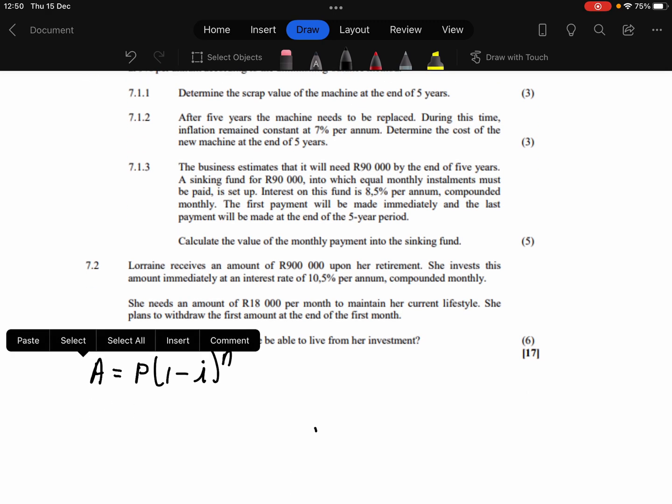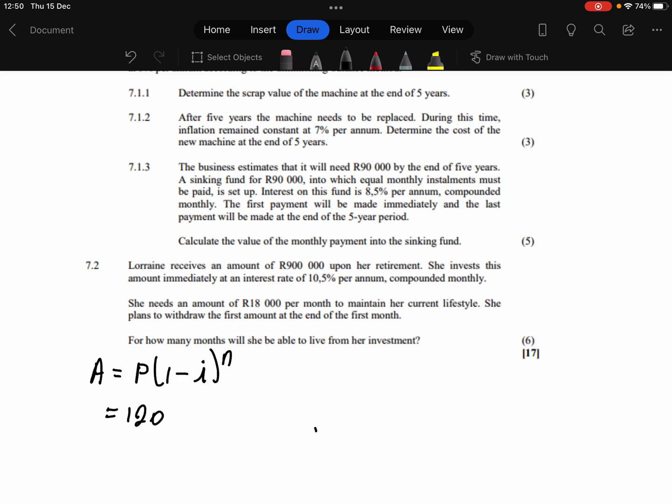Substituting our values in, the P represents the principal amount, which means the amount which was originally bought at, which is 120,000. 1 minus the interest rate, 9% converted to a decimal is 0.09, and n represents the number of years, which is 5. The value of the equipment after 5 years will then be 74,883.86.